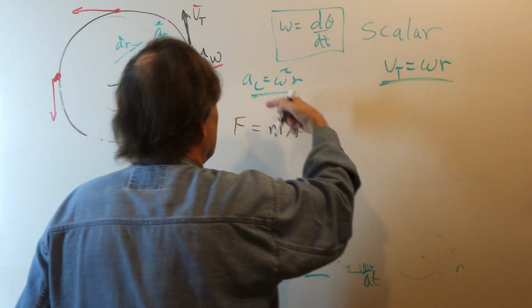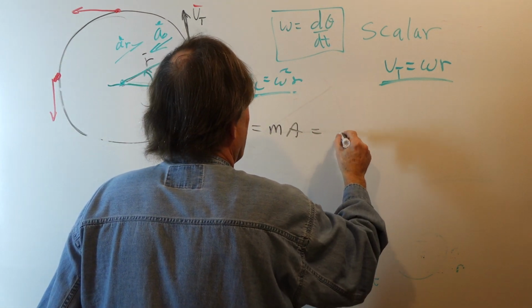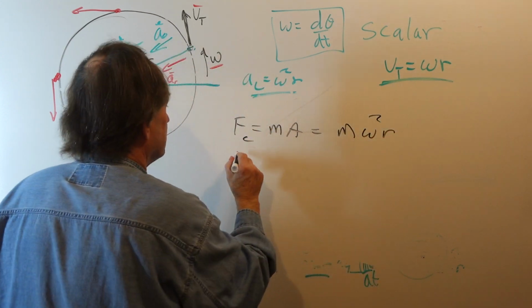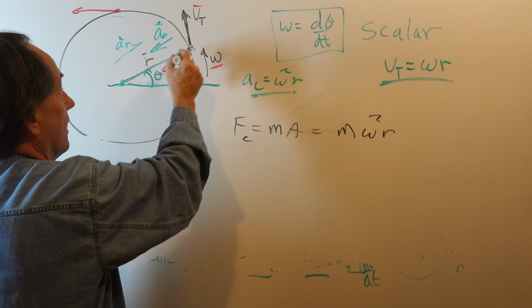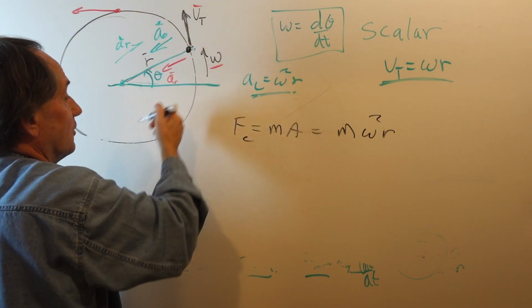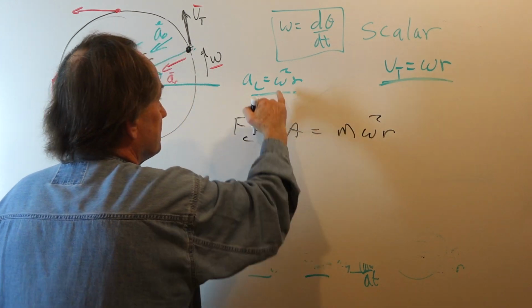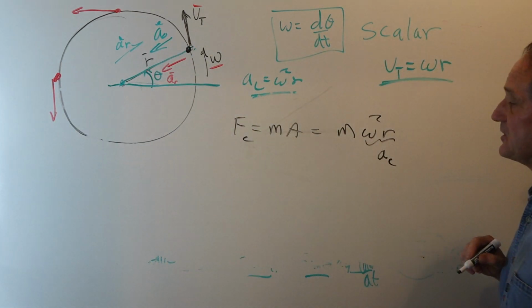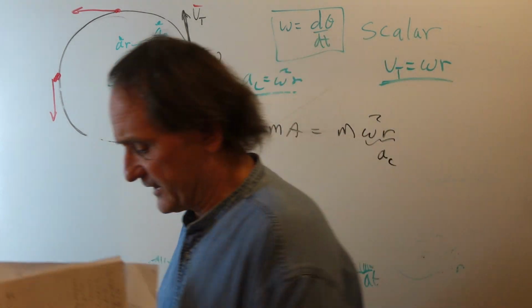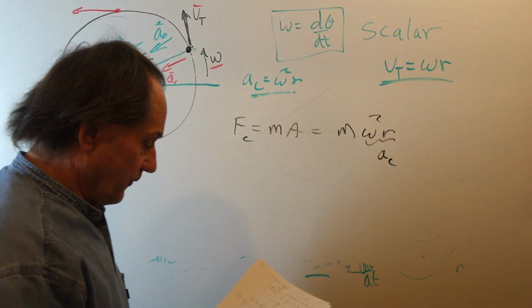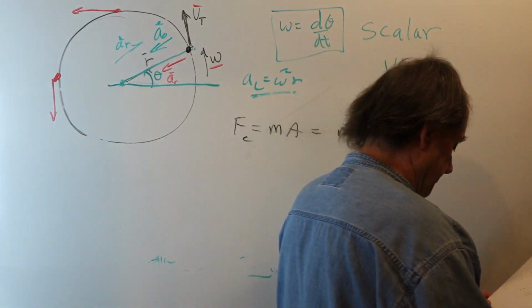Well, if we put in for the centripetal acceleration, we have mass times omega squared r, and this is a force that's acting on an object to hold it in uniform circular motion. We just multiplied the centripetal acceleration by the mass. And we can get the amount of force that's acting on that object to hold it in uniform circular motion.